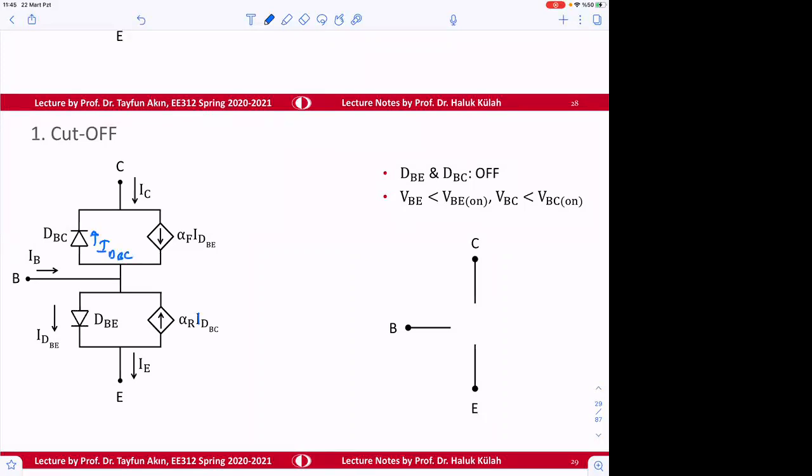Whereas let's call this one I diode base emitter, this current. So we will look at the device in all these different cases, and then we will be understanding why we add this second element here soon.